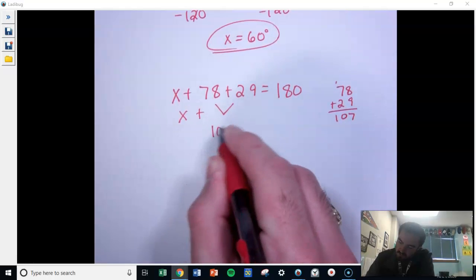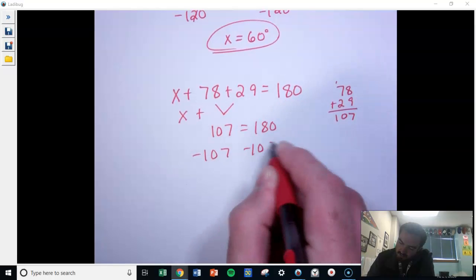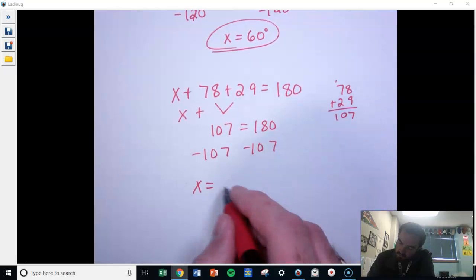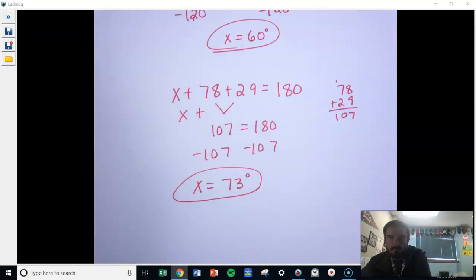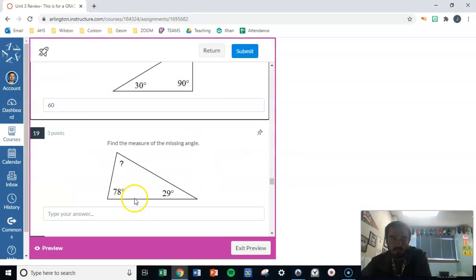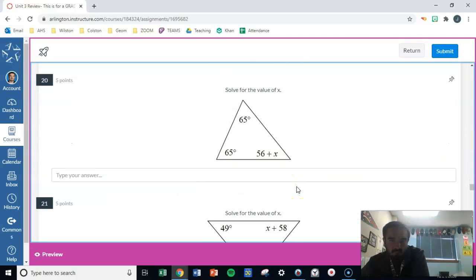X plus 107 equals 180. Subtract 107 from both sides. X equals 73 degrees, I believe. Okay. So my missing angle here would be 73 degrees. Cool. See, guys, this isn't too bad.